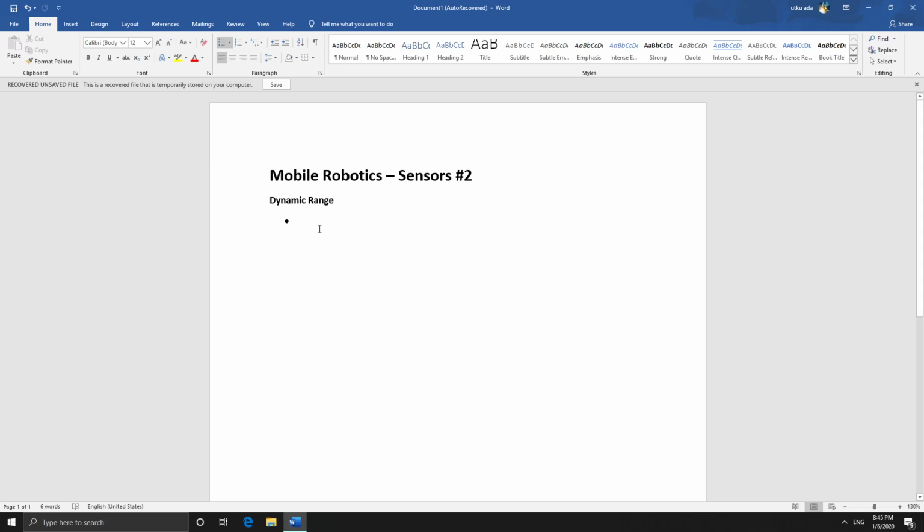So dynamic range is a way of measuring the spread between the lower limit and upper limit of input values a sensor can take while maintaining its operation normally.